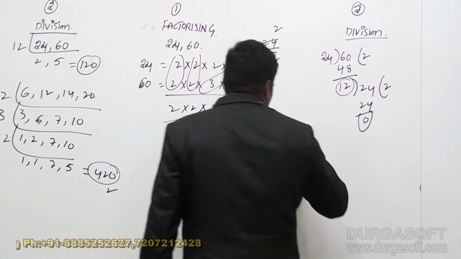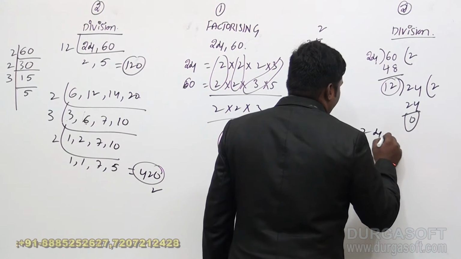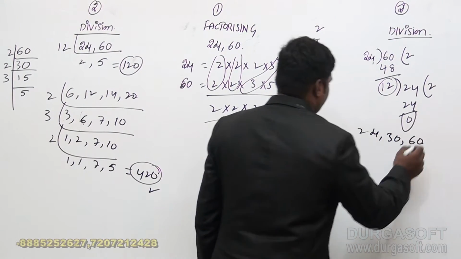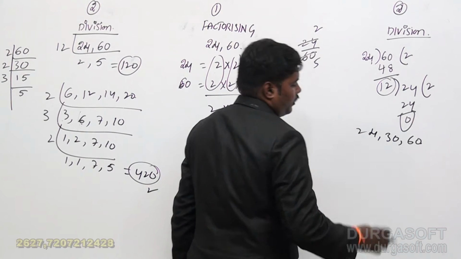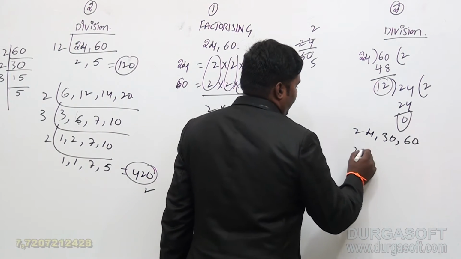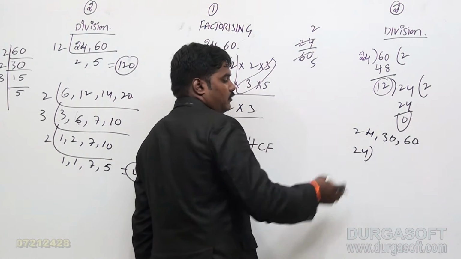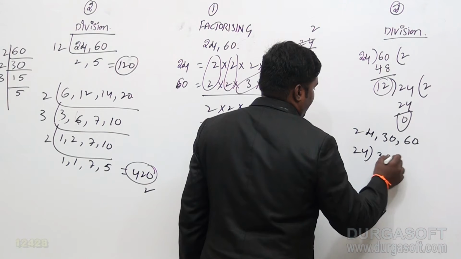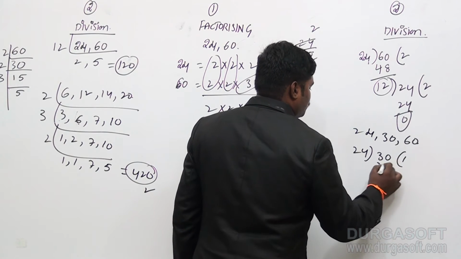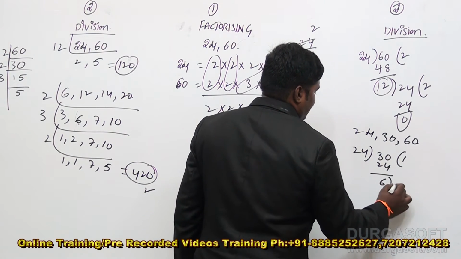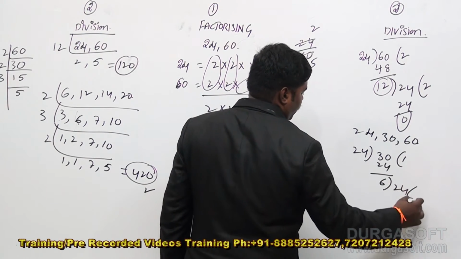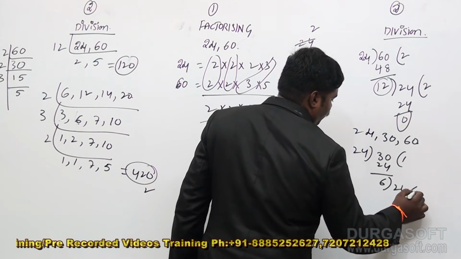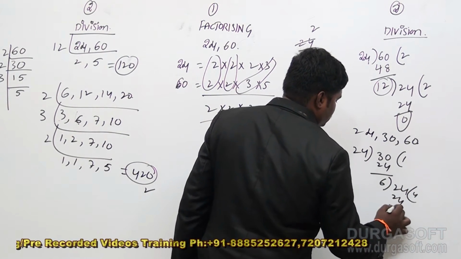HCF for 24, 30 and 60. When you have three numbers, first take the least one and divide the next, 30, by it: 24 ones are 24, and you get 6. Next, bring the previous divisor to the dividend position. 6 fours are 24, and the remainder is 0.